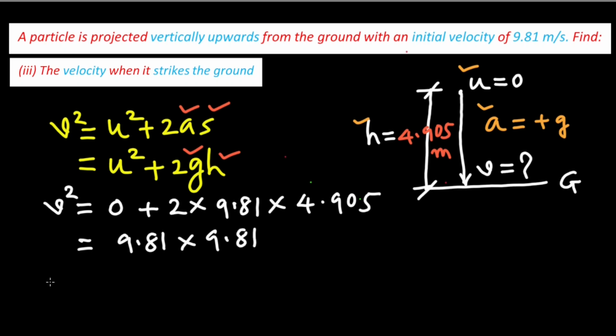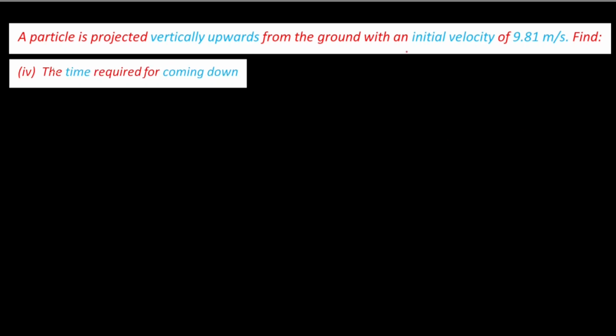So the final velocity when the particle strikes the ground v will be 9.81 meter per second. In the fourth question, we have to find the time required for coming down.